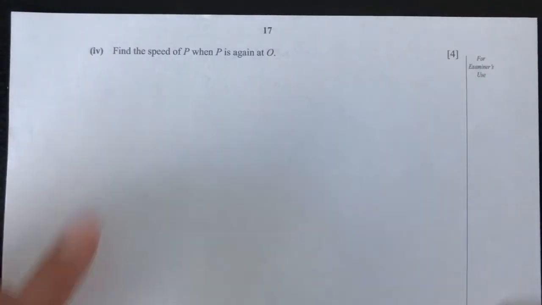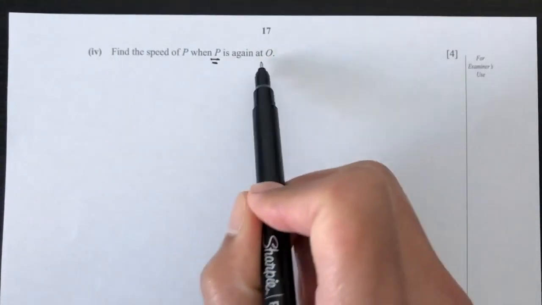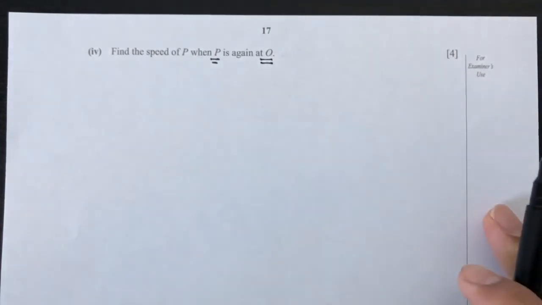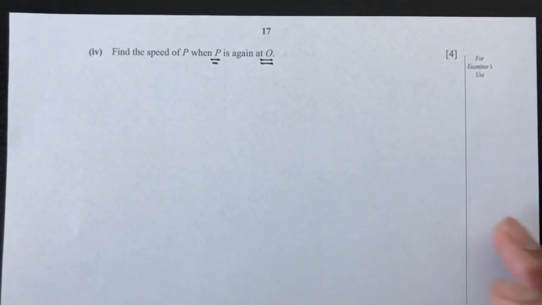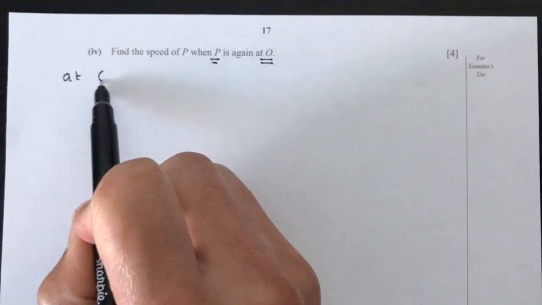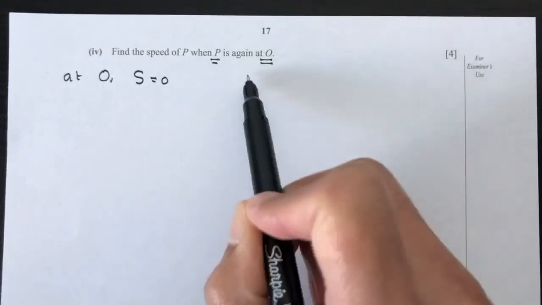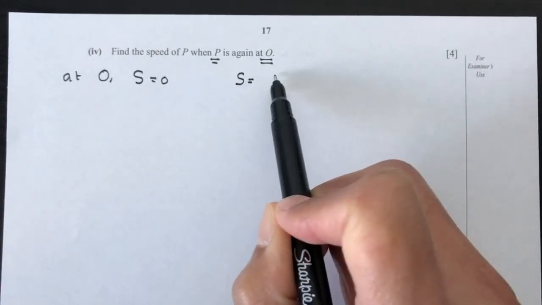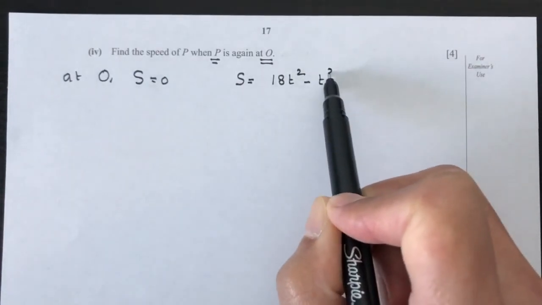Now let's move on to part 4. So we have to find the speed of p when p is again at O. So when p is again at O, it is at the initial position. So at the point O, we know that displacement from O has to be 0. So s has been found already as 18t squared minus t cubed.